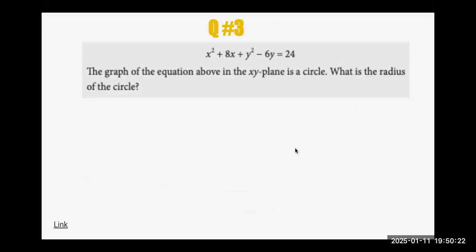Something about a circle. Can you find the radius of this circle? Ethan, very good. Christina, good.